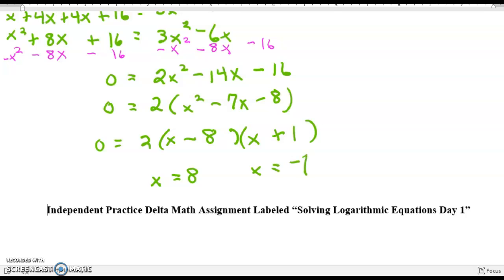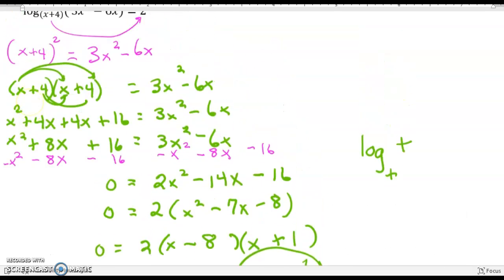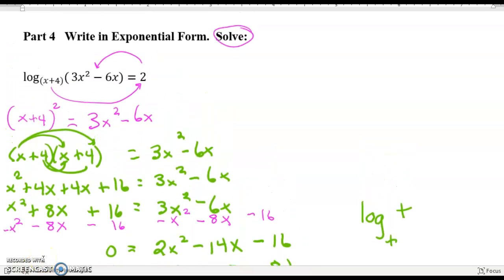We have a minor issue. Remember that whenever working with logarithms, the base and the number that comes after the word log are always positive numbers. So I'm concerned especially about this one. If I plug it back in, will I have a negative number in the base?